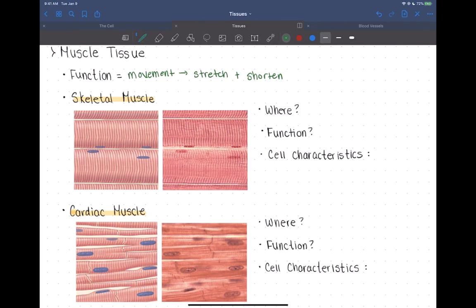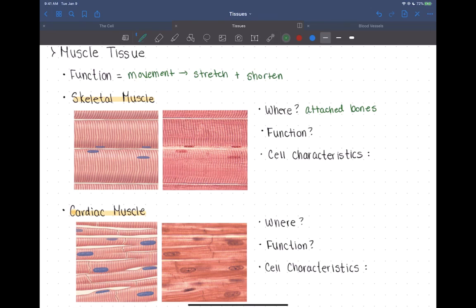So the first one is skeletal muscle. And so skeletal muscle is attached to bones via tendons. All right, so you find it attached to bones. All right, and so its function is voluntary muscle movement.